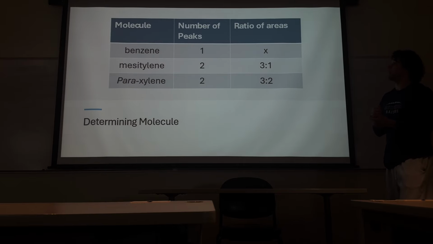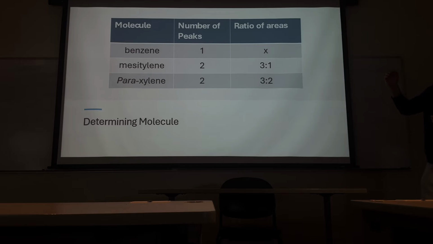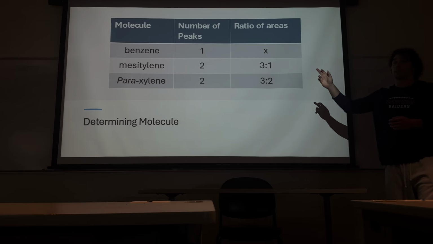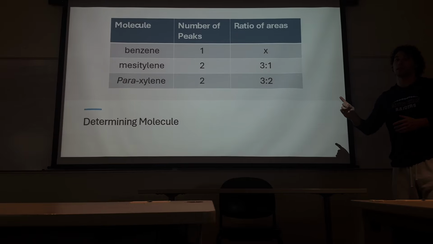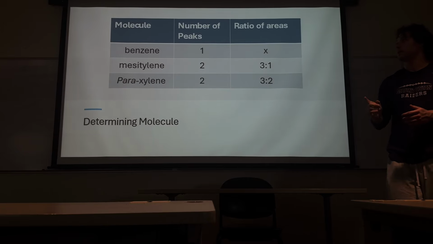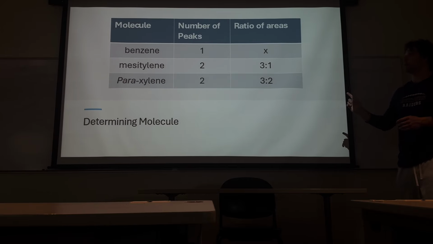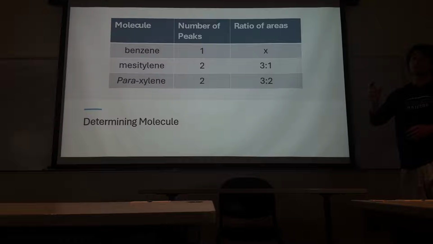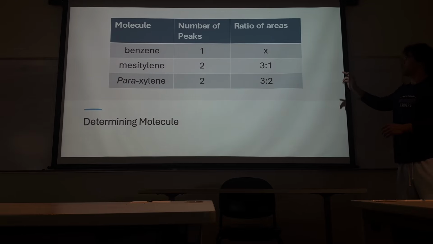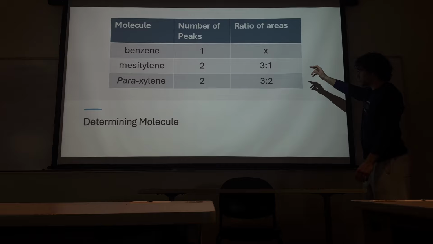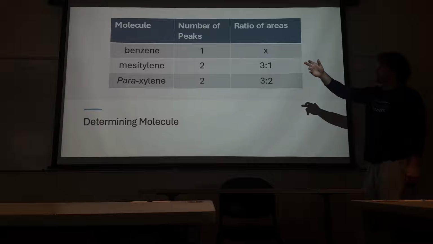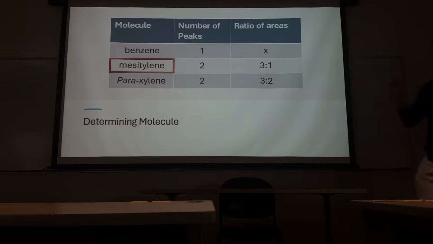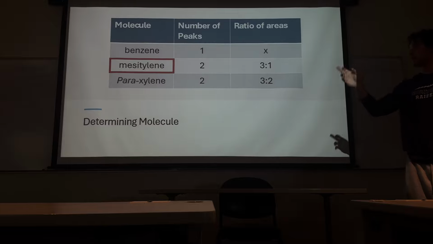If we look at benzene, we know it cannot be benzene because there is only 1 peak, one type of hydrogen, in benzene. If we look at paraxylene, there are 2 peaks. However, there is a 3-to-2 ratio, which is different than the results we got for 4A, which leads us to knowing that this molecule is most likely mesitylene.